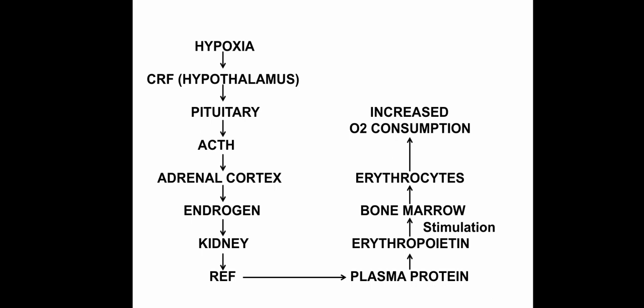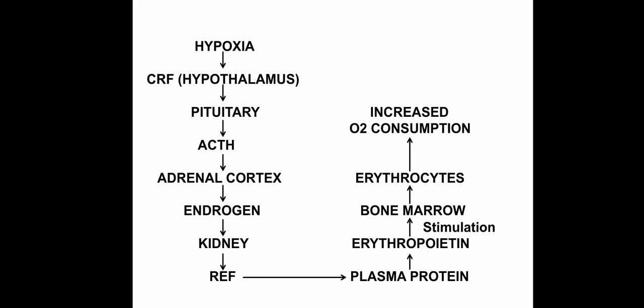The hypothalamus senses that hypoxia and releases CRF, corticotrophin releasing factor. This CRF acts on the pituitary gland, the master gland. The pituitary releases ACTH, adrenocorticotrophic hormone, which acts on the adrenal gland, specifically the adrenal cortex.